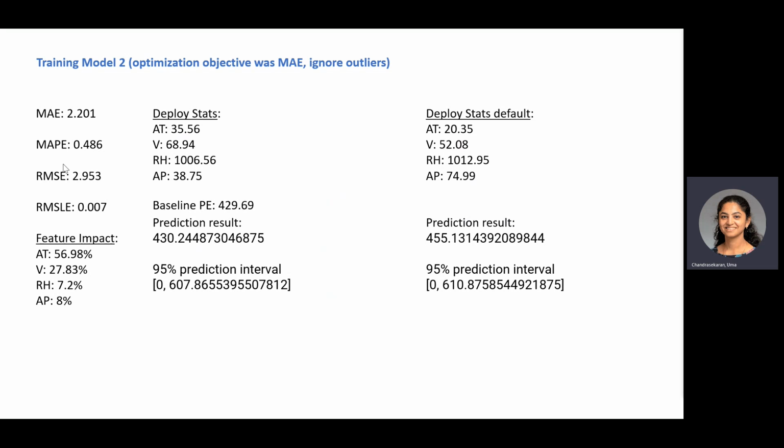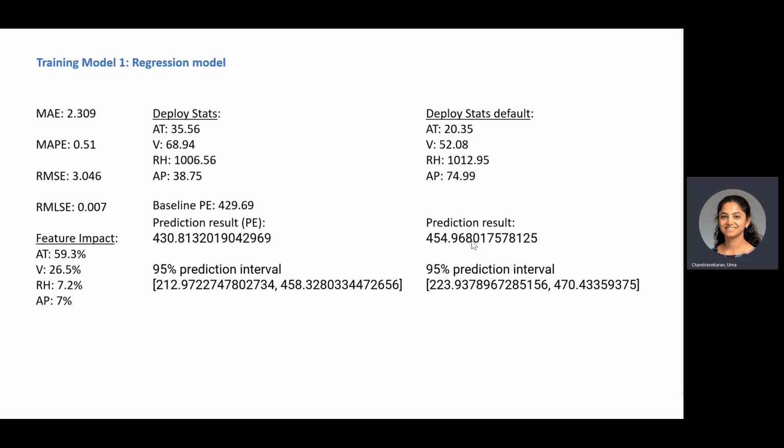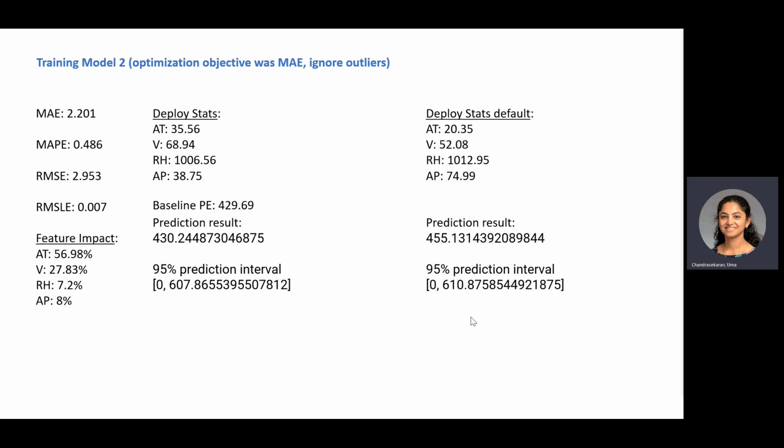For this model, with the default average statistics, the prediction was 455.13, very similar to what was predicted in the prior model, except the difference was the confidence interval. The prediction interval was very wide in this case, varying anywhere from 0 to 610.